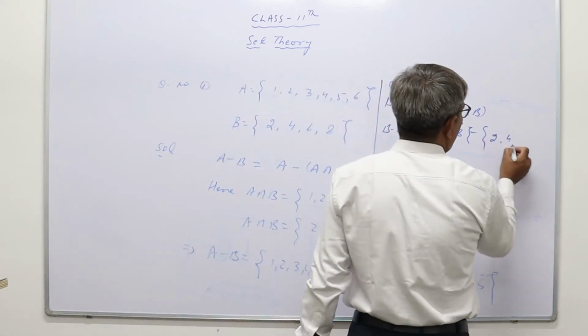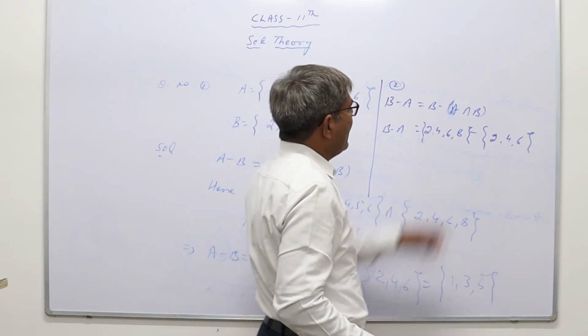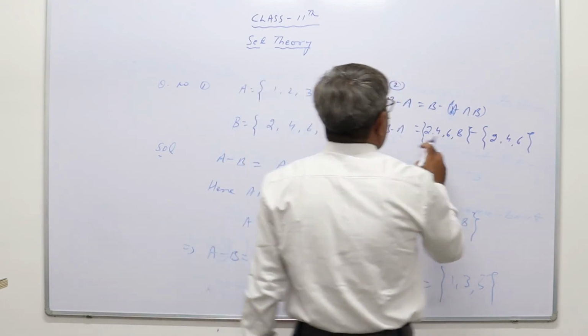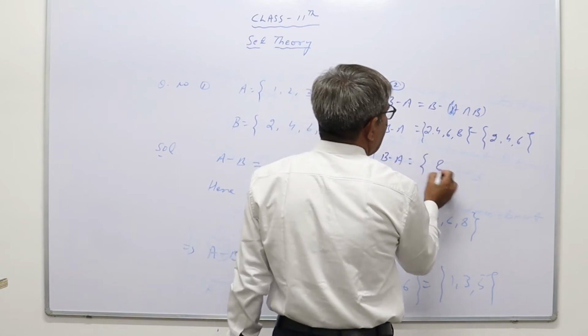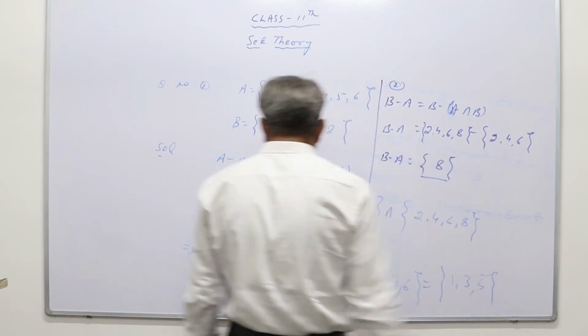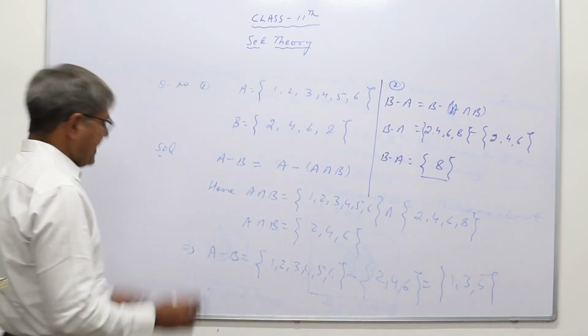Now subtract 2, 4 and 6 from the set B. So B minus A will have element only 8. So these are the A minus B and B minus A.